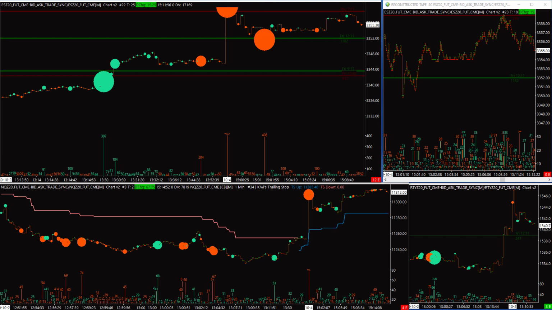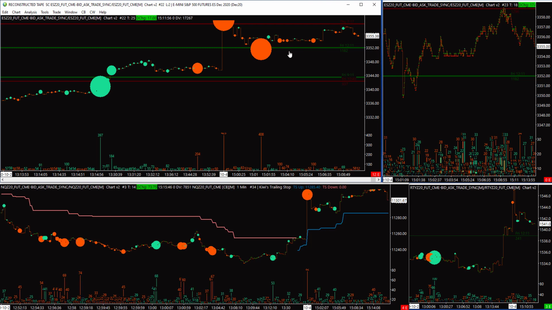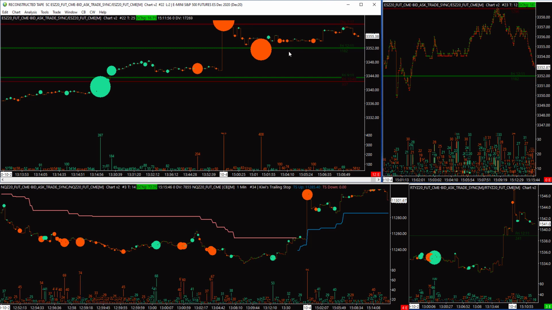All right, Trader 9. Yeah, so the lines for the tape, these lines right here that you see, are automatically drawn whenever a market order hits a certain threshold that you can configure.